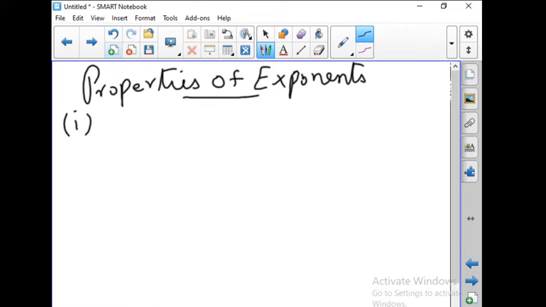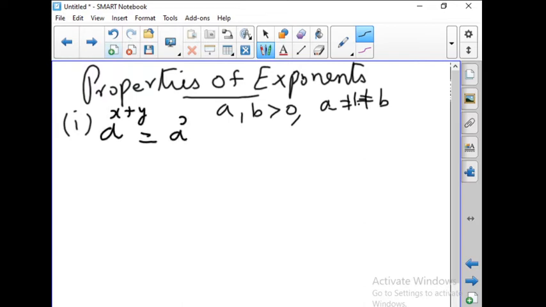For a, b greater than 0 and a, b not equal to 1, we have a power x plus y is equal to a power x into a power y.